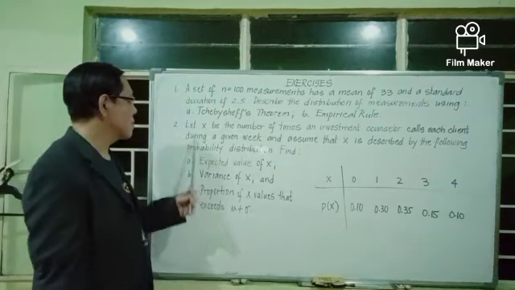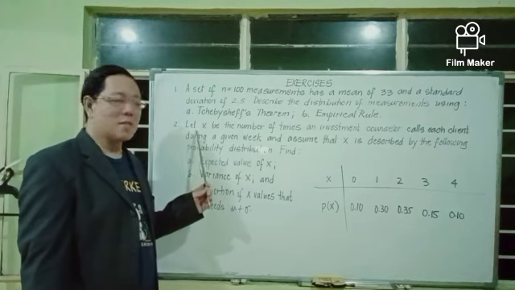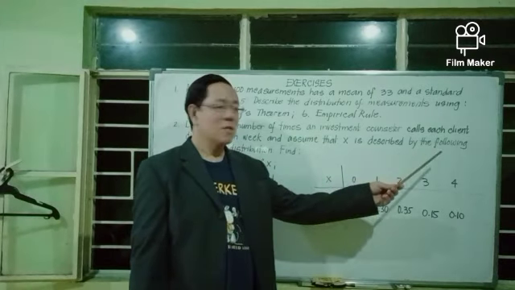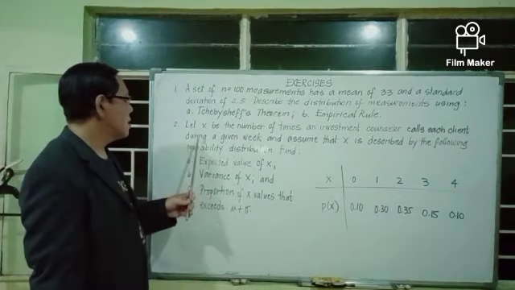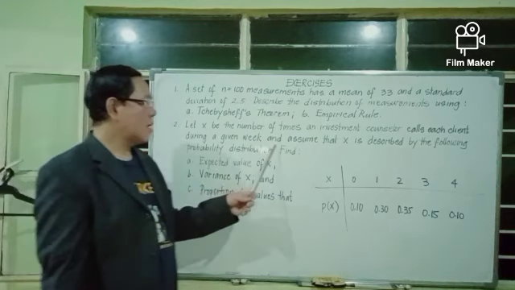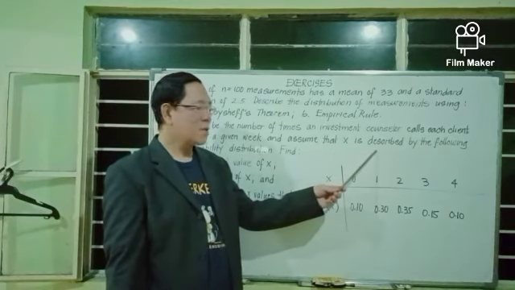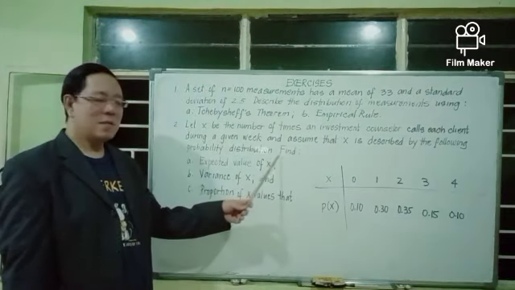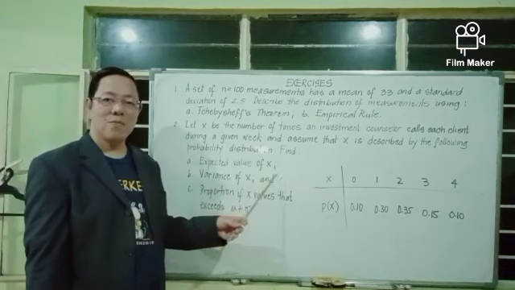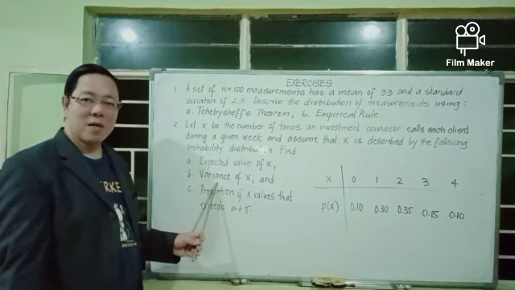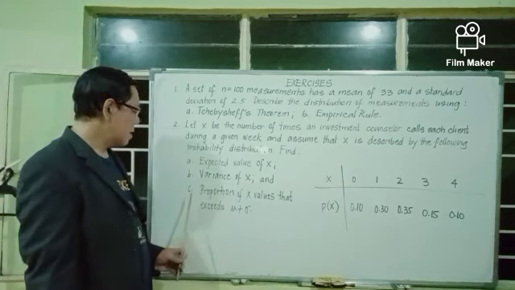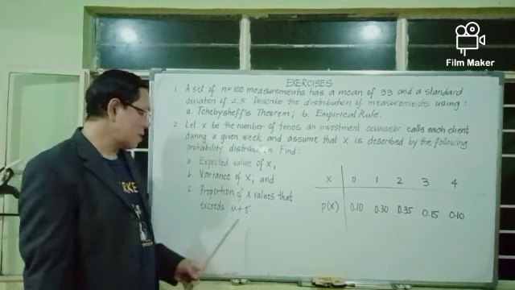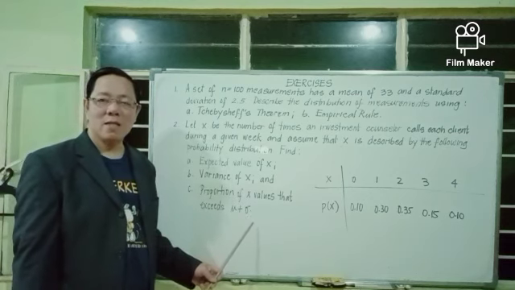Number 2, let x be the number of calls that an investment counselor makes to each client during a given week, and assume that x is described by the following probability distribution. Find letter A, expected value of x, letter B, variance of x, and letter C, the proportion of values of x that exceeds mu plus sigma.